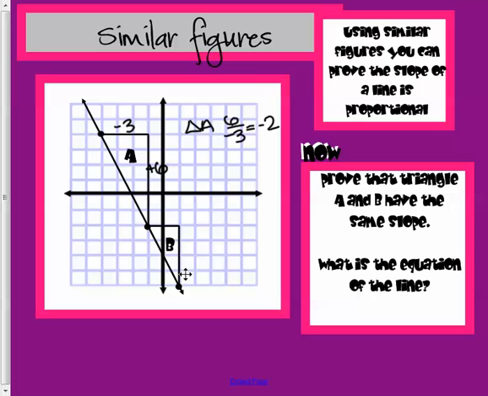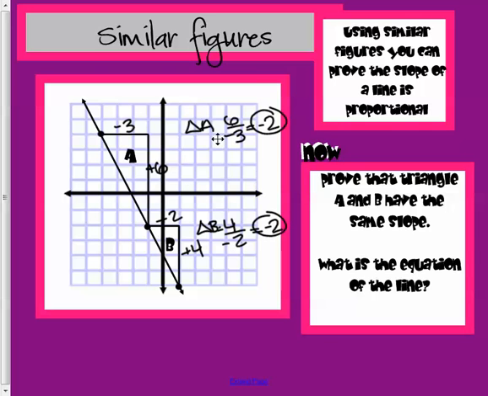If I look at B, it's going up 1, 2, 3, 4, so plus 4, and back 2. So triangle B's slope is 4 over -2, which also equals -2.